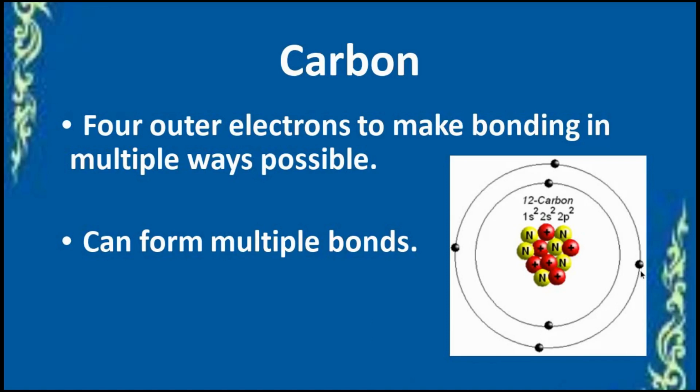So on carbon, we have one available spot, 2, 3, 4 spots where different elements can combine. And that's pretty exceptional. Some elements can only combine with 1, 2, or maybe 3, but to be able to combine in 4 different locations makes it very flexible and very able to form different shapes and structures.